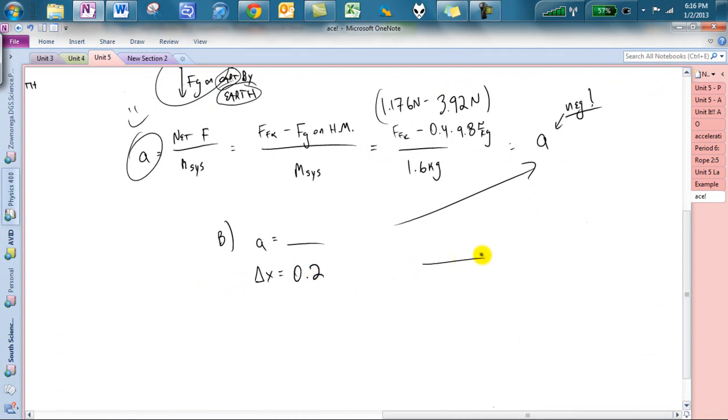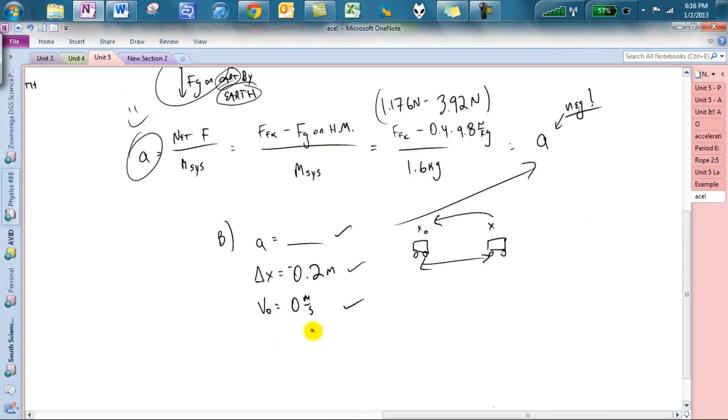The way that I'm thinking about it is the cart starts here, and the cart will end here. If this is my initial and this is my final, I'm seeing that as a negative displacement, so I'm going to call that negative 0.2 meters. And I know that my initial velocity is 0 meters per second. Once I know three of those, I'm basically on my way to solve for the time.